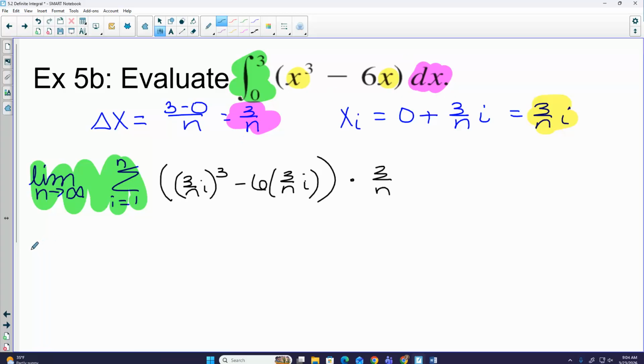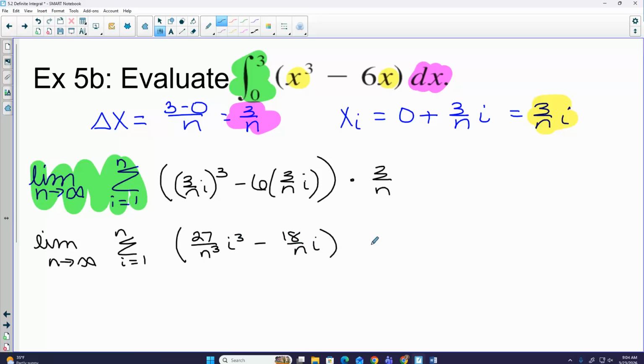So now we're just going to work this out. If I cube, 27 over n cubed i cubed, that's 18 over n i.